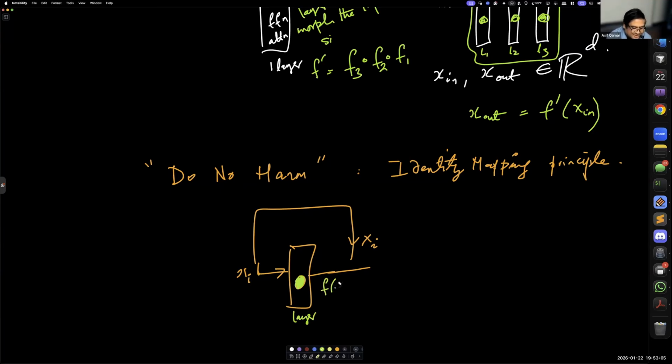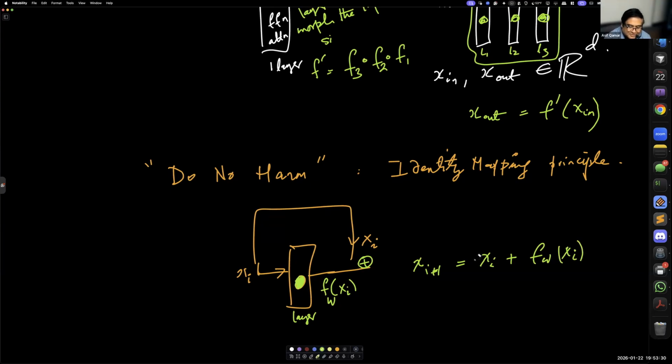This comes out as f of x i with the weights, and so what you get is x out at layer i plus 1 is x i plus f W of x i.